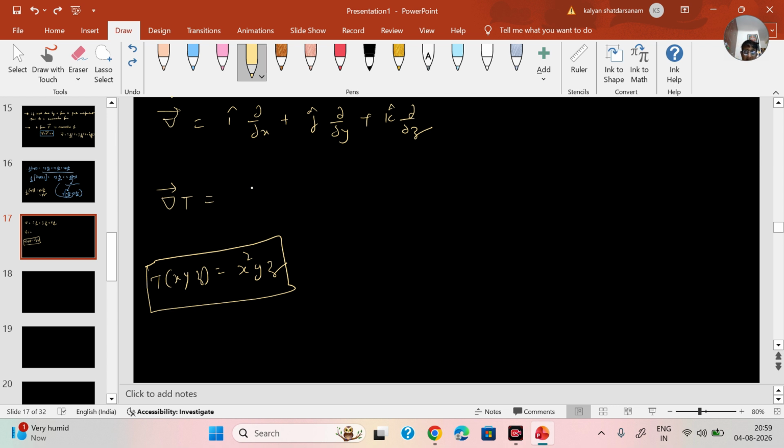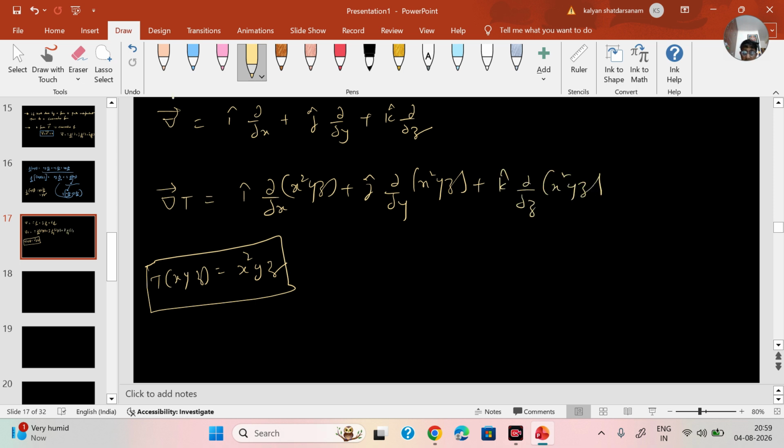Then how to find del T? i ∂/∂x of x²yz plus j ∂/∂y of x²yz plus k ∂/∂z of x²yz, and that gives me i 2xyz. Why 2xyz? y and z are to be treated as constants.